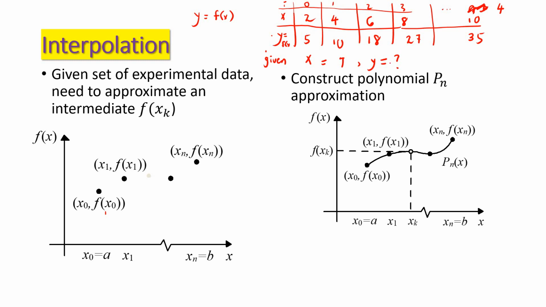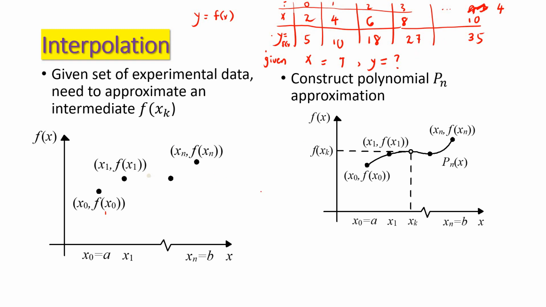So this is the idea of interpolation. The value of y that you are going to estimate must be inside the range of your list. Because 7 is still inside 2 to 10, you can estimate the corresponding y value. If you want to estimate when x is 11, that is outside of the list.